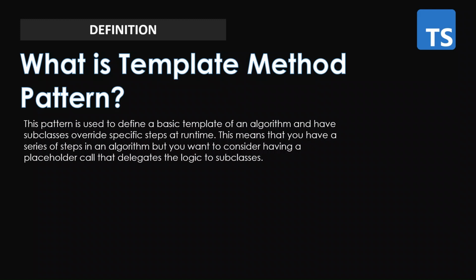But at times you will need different kinds of behaviors for that feature, so you will create subclasses for that, and those subclasses will use the same template, so that at runtime you can override specific steps, like at some point you are giving coupons, at some point you are not.